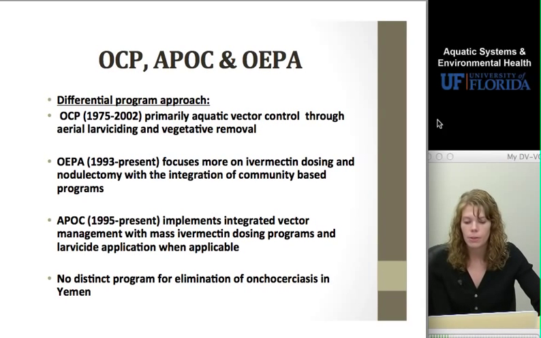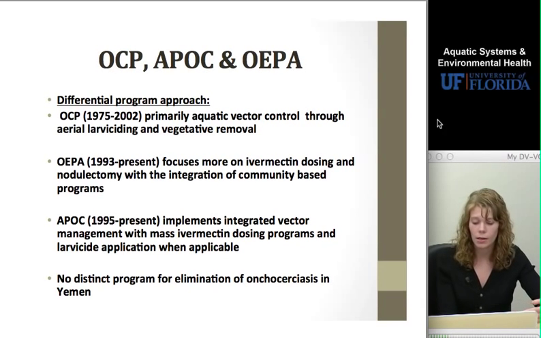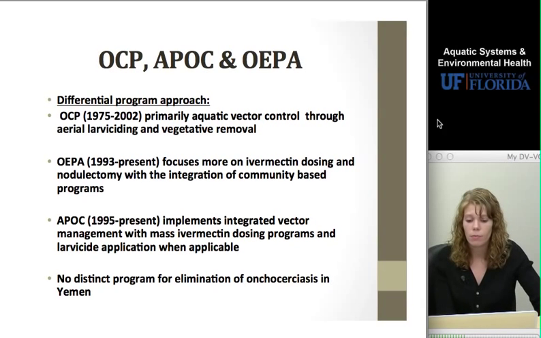The APOC implements integrated vector management with mass ivermectin dosing programs and larvicide application when applicable. And in Yemen, there's no distinct elimination program for onchocerciasis. It's more passive distribution of the drug, ivermectin.